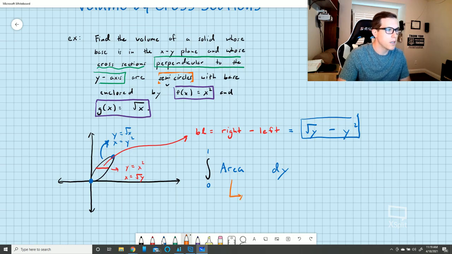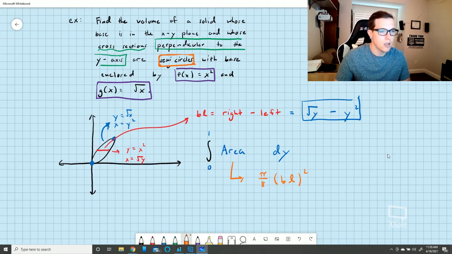Since we're doing semicircles, the formula for that is pi over 8 base length squared. So we have our base length. That just gets plugged straight into the spot for base length. And our volume will be 0 to 1 pi over 8 times root y minus y squared dy.